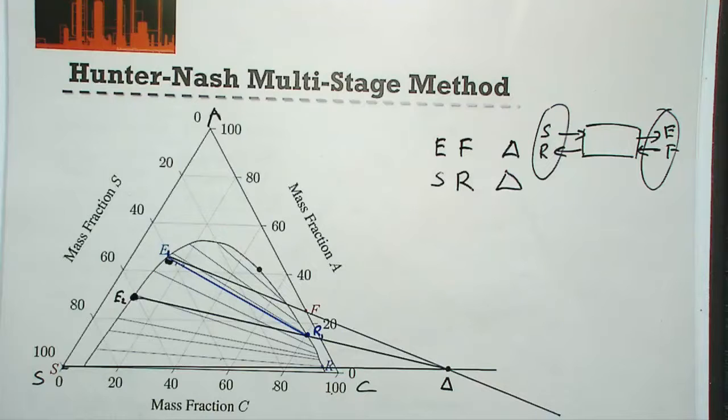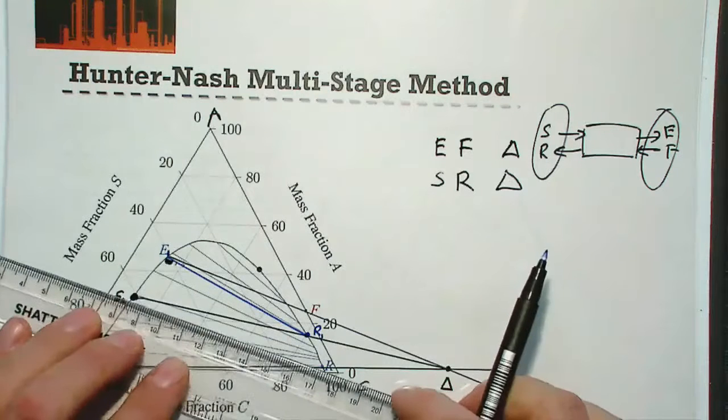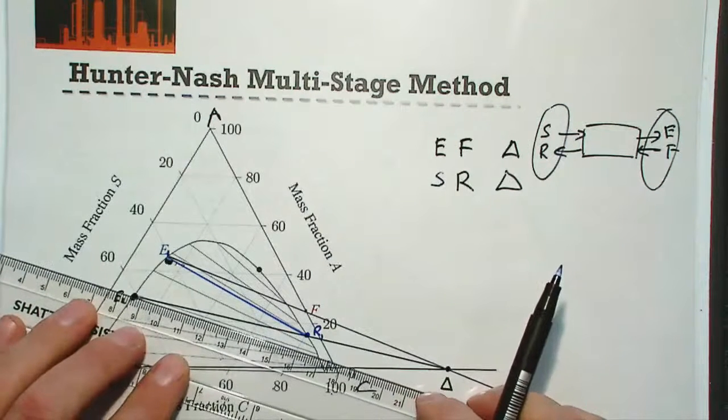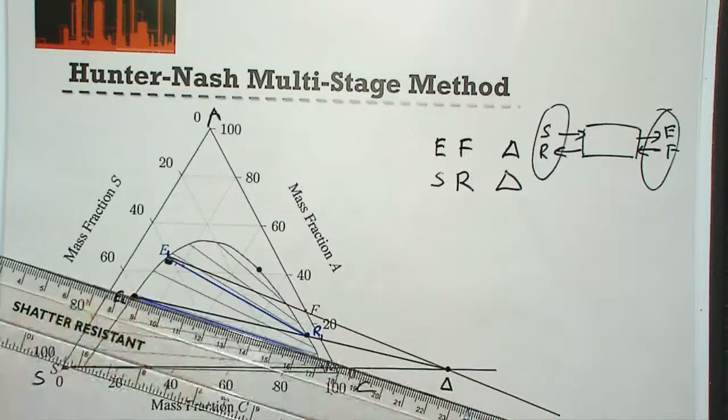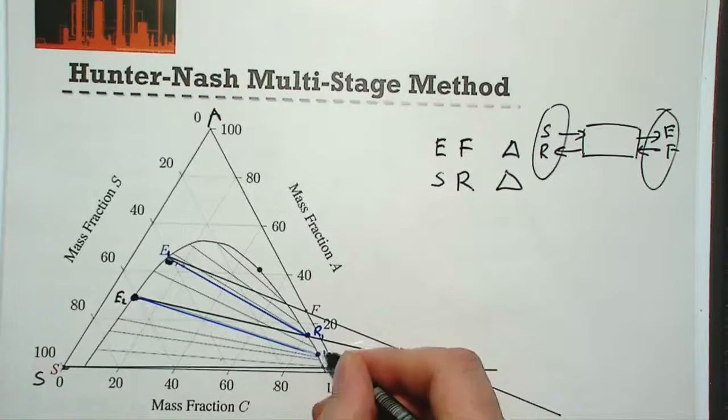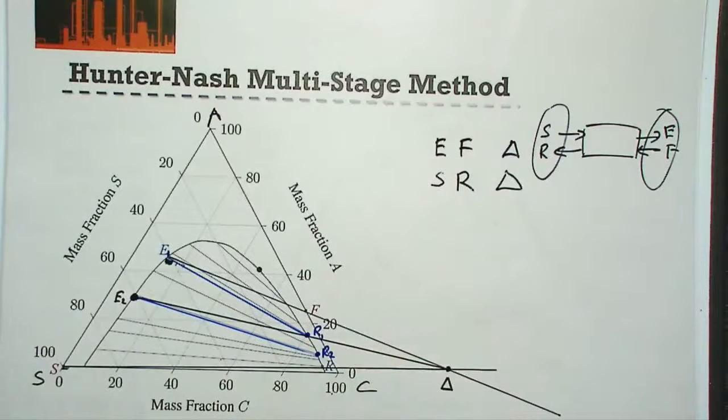Then again, we know that for stage 2, the extract and the raffinate for stage 2 must be in equilibrium with each other. So we can find our next raffinate point by using our tie line data again. Okay?